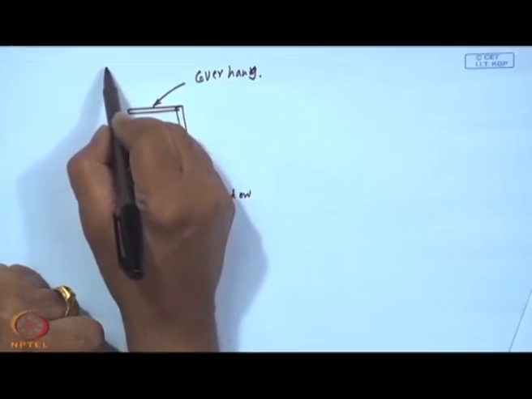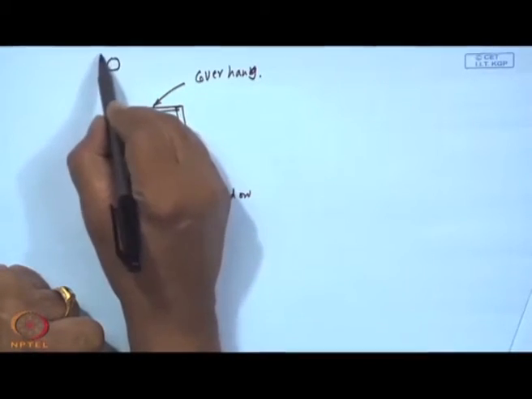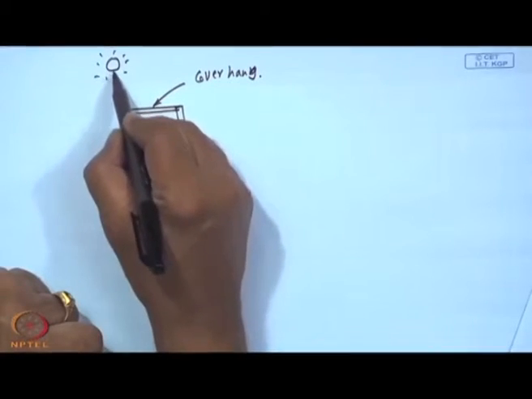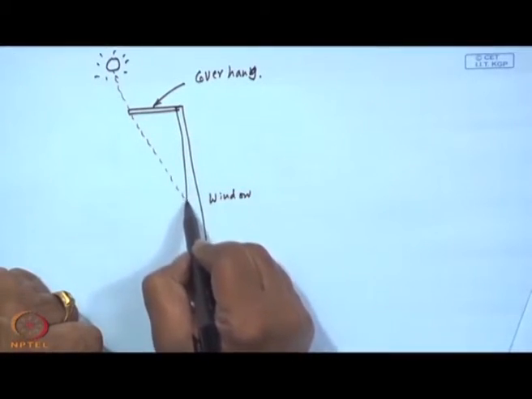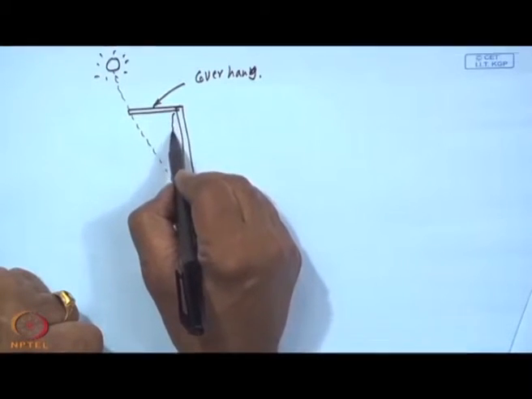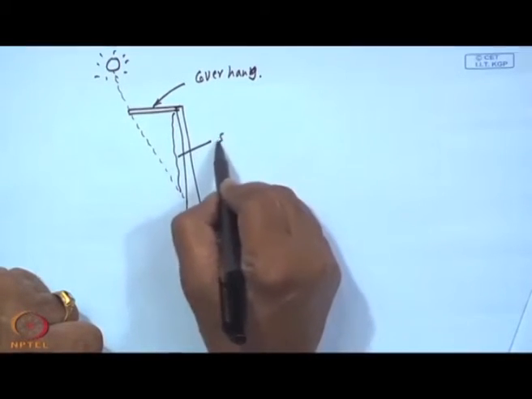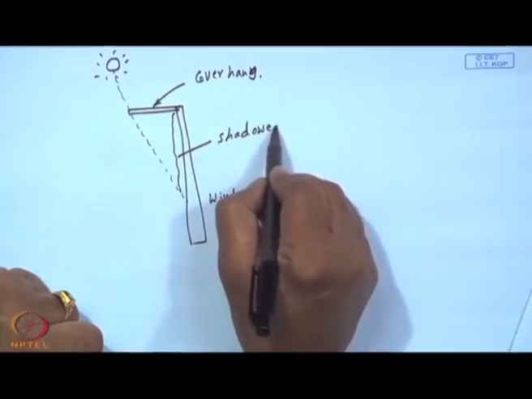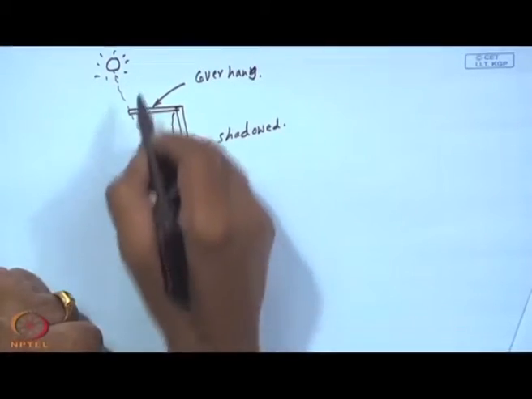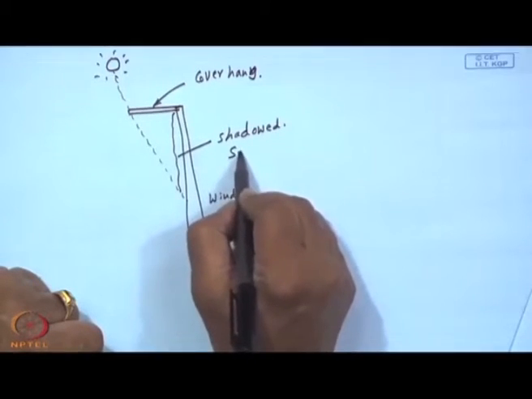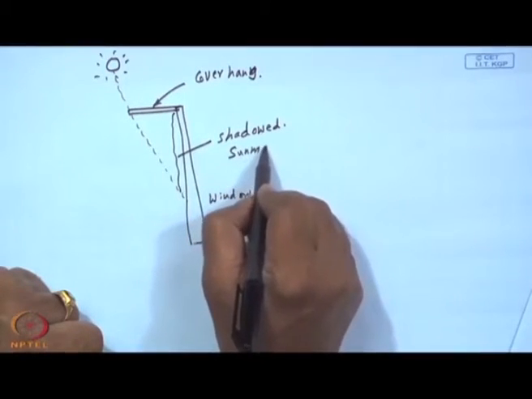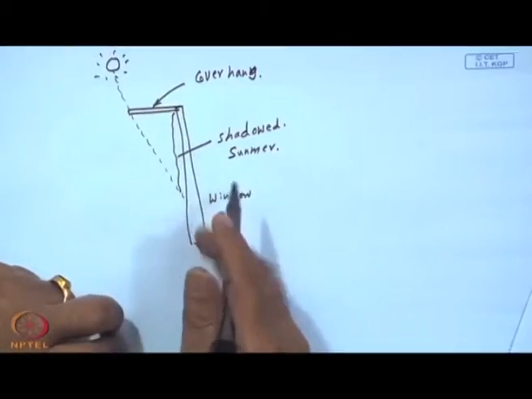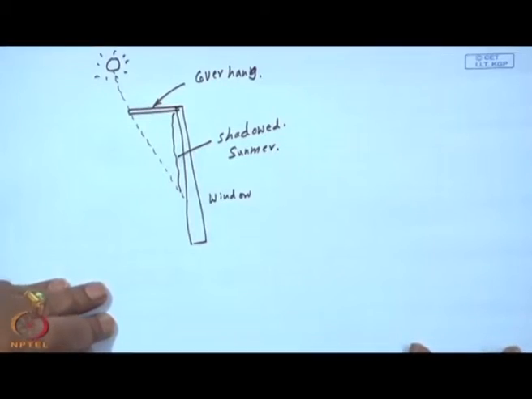So, if the sun is somewhere right above, this will be shaded or shadowed if you like. This may be summer, because sun is right up, it will cast a longer shadow on the window.